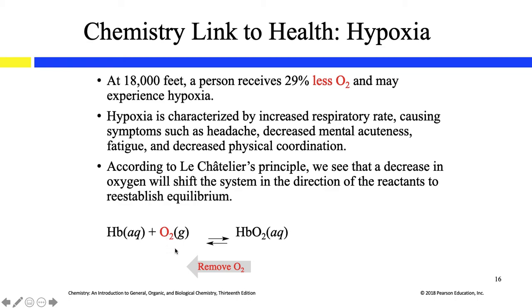It cannot do anything about the amount of oxygen, but what it can do is increase the amount of hemoglobin in your blood, so it produces more of the protein. Once again, it increases one of the reactants, and therefore it's going to shift the reaction to making more products to get rid of that extra free hemoglobin that's circulating in the blood. Therefore, your body can compensate that way and make more oxyhemoglobin to circulate in the blood.